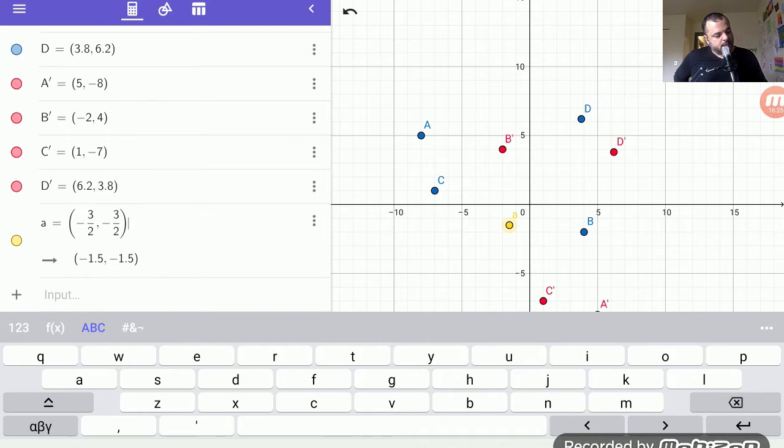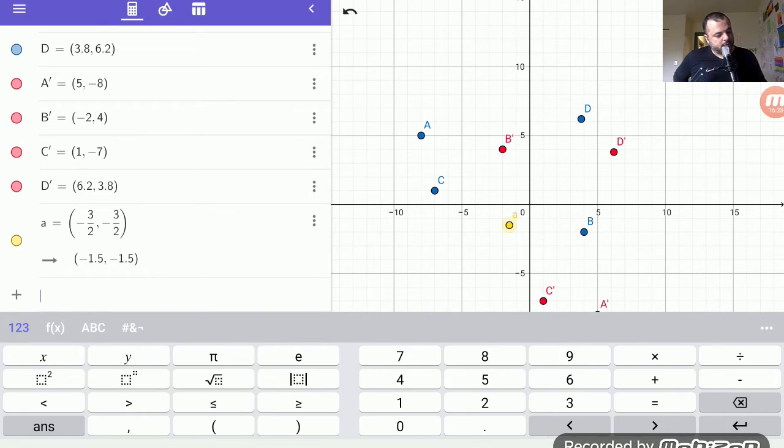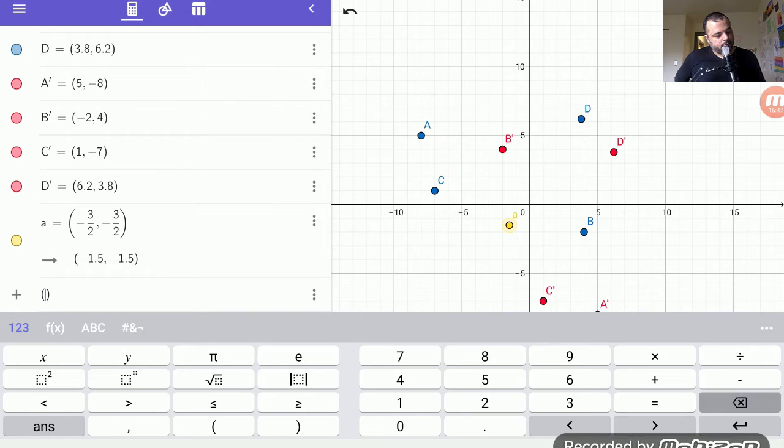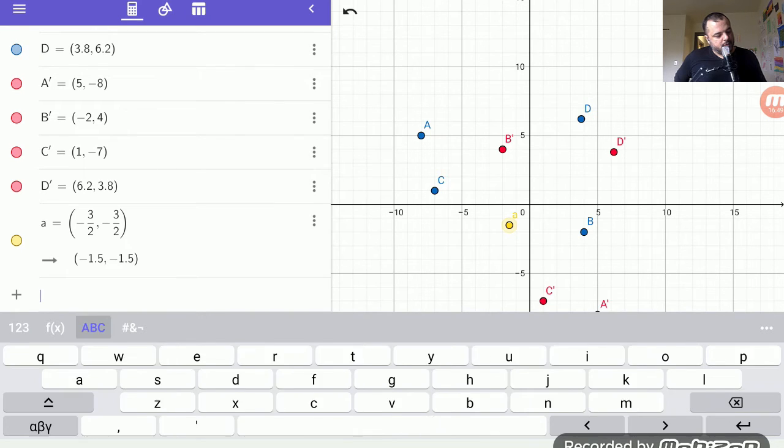Then let's find the rest. Let's find the middle point of B and B prime. So -2 plus 4 is 2. Divide by 2, we got 1. So we have 1, 1. This point, I'm going to call it B small, and it is 1, 1.